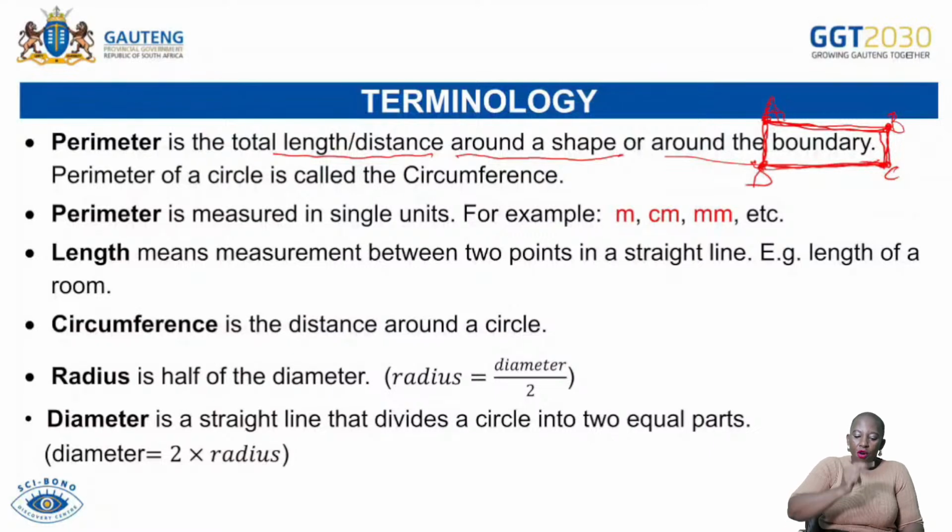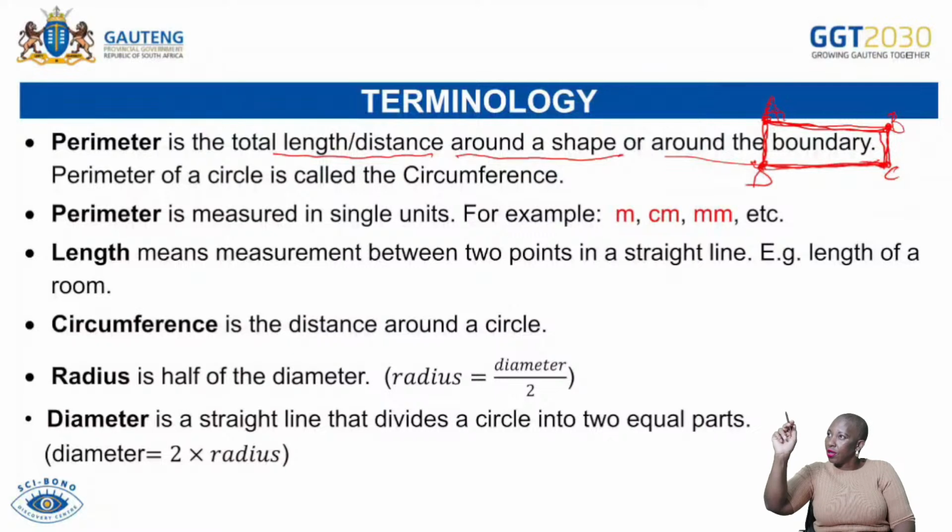The boundary, or the outer side of the classroom. When you are inside, you'll look at the corners at the top of the classroom. You don't move in the middle of the classroom. You start from one corner, go straight to the next corner, and keep moving until you are back at the first corner where you started. That is the perimeter, the total distance.